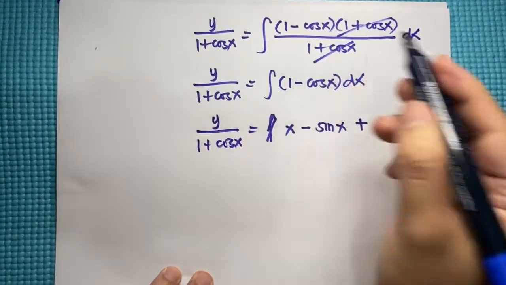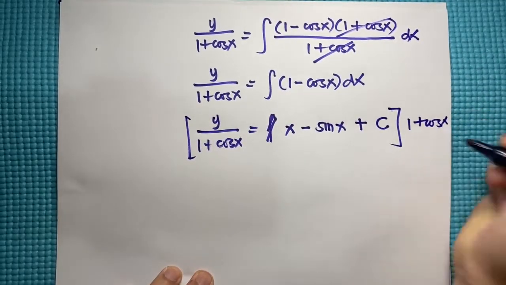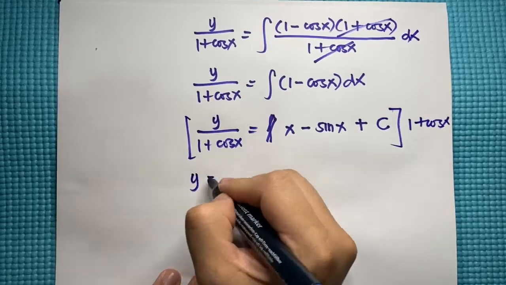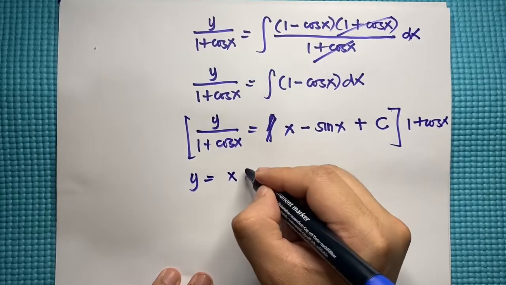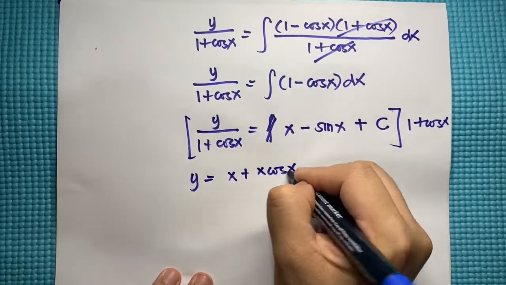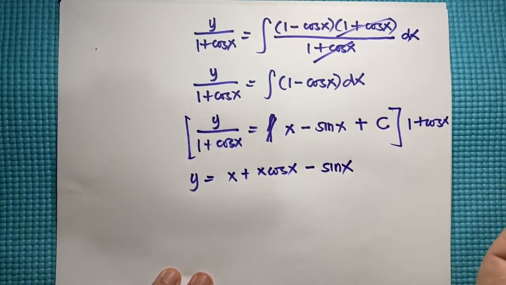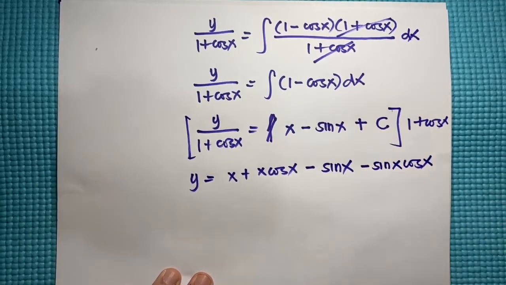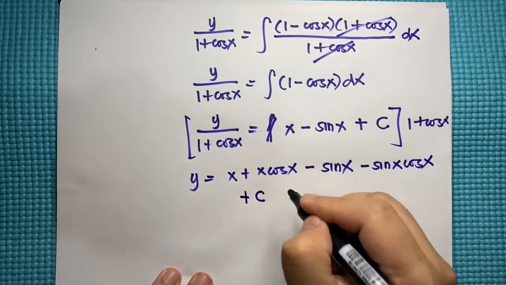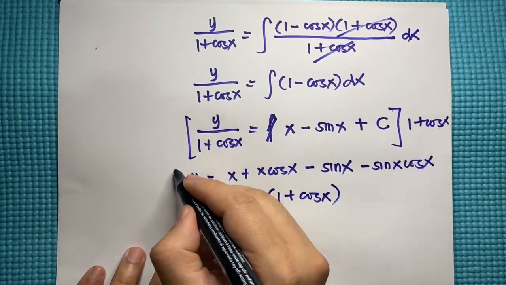If we multiply everything by 1 + cos x, we get y equal to (x − sin x + c)(1 + cos x), so x + x cos x − sin x − sin x cos x + c(1 + cos x).